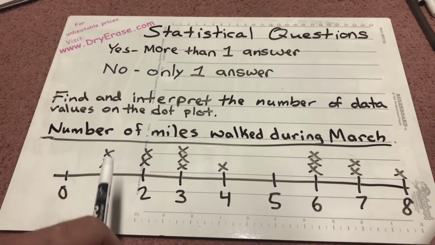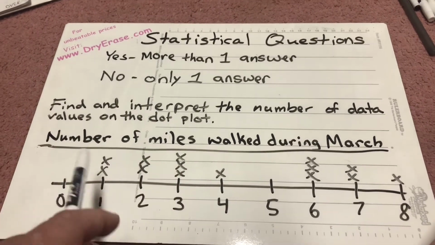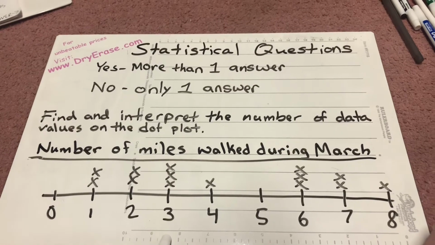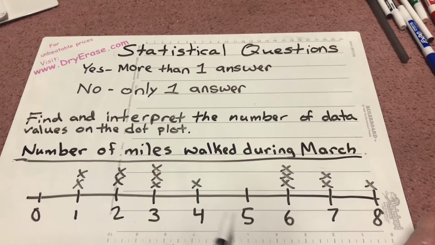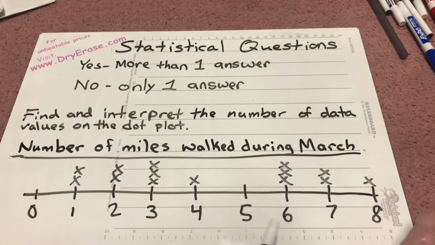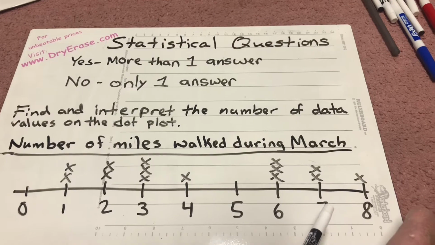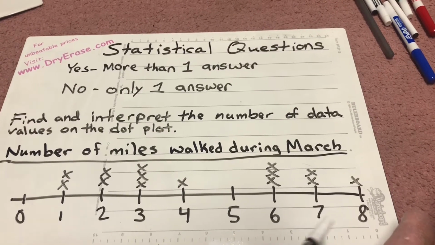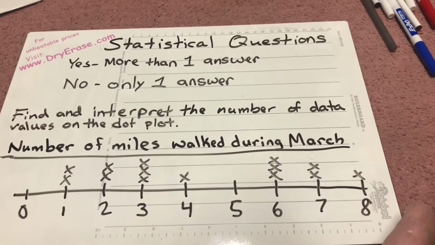So you can see there were 2 times that he or she did a 1 mile walk, 2 times that they did a 2 mile walk, 3 times that they did a 3 mile walk, 1 time that they did a 4 mile walk, never did a 5 mile walk, 3 times they did a 6 mile walk, 2 times they did a 7 mile walk, 1 time they did an 8 mile walk.